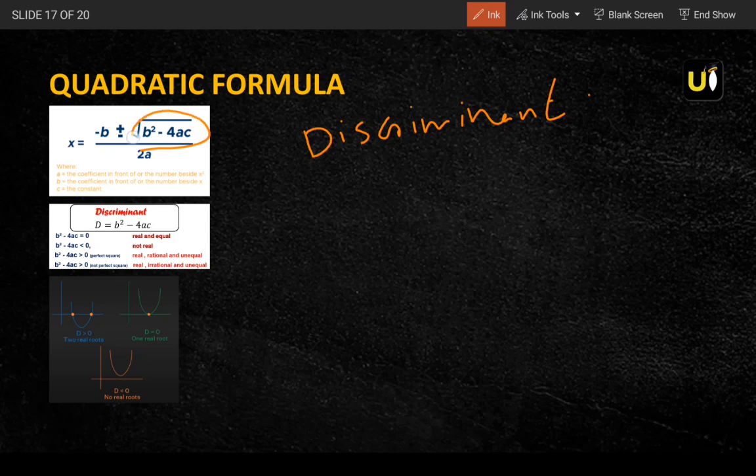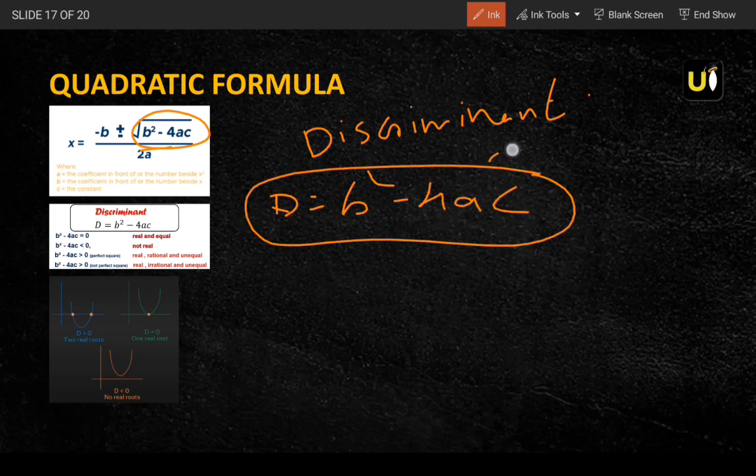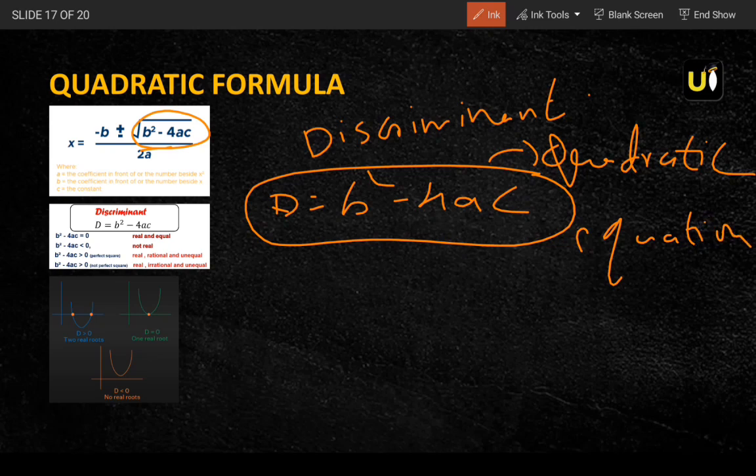This term b square minus 4ac is the discriminant of the quadratic equation. What conclusions can we derive from this discriminant value?